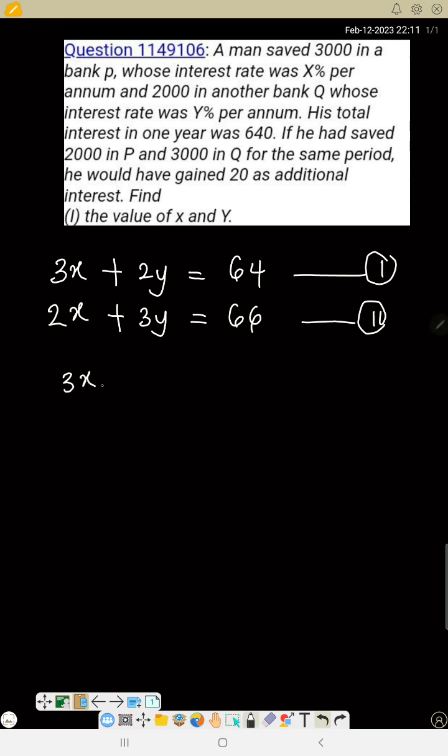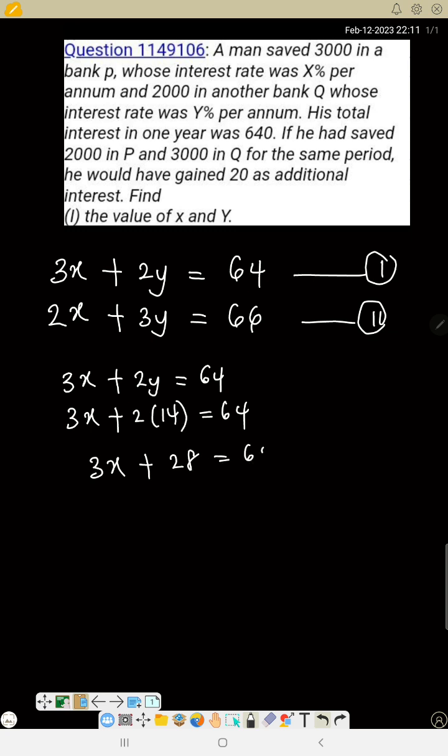I'm using equation 1. 3x plus 2y equals 64. 3x plus 2 bracket 14 equals 64. 3x plus 28 is equal to 64. 3x is 64 minus 28. If you subtract 64 minus 28, you get 36.